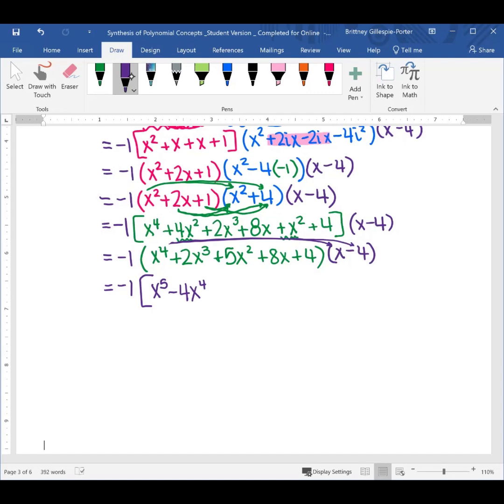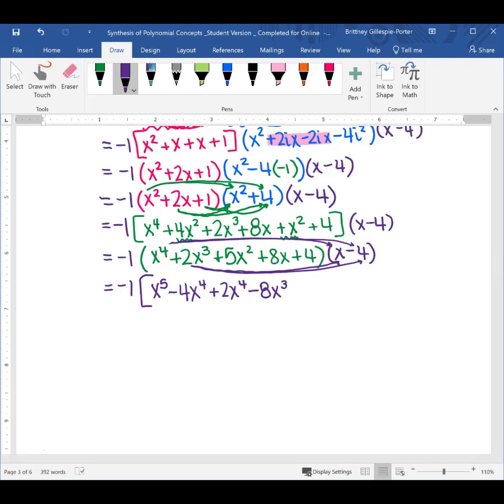You don't have to draw these arrows. A lot of students like having the arrows because it tells them what they have connected and multiplied. So 2x cubed times x gets us plus 2x to the 4th. If we take 2x cubed times negative 4, we get negative 8x cubed.